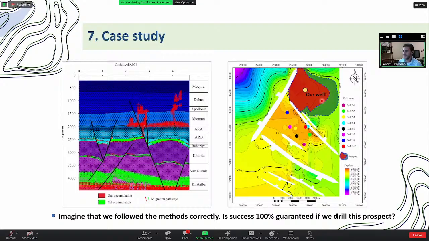Nature is a very complicated thing, and you do your best to reduce the risks, but you drill a well and it comes dry, it happens. It's part of the process, and you're going to have to use the data to work harder and refine your model to propose another prospect so you can have success.